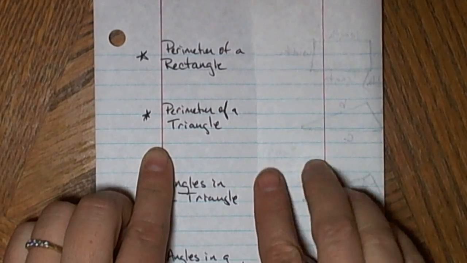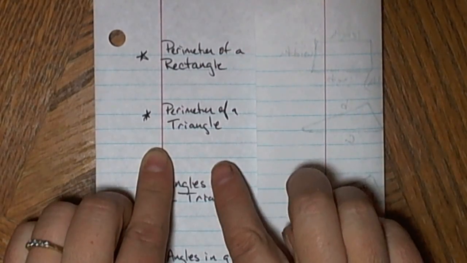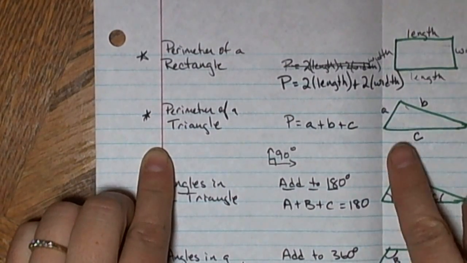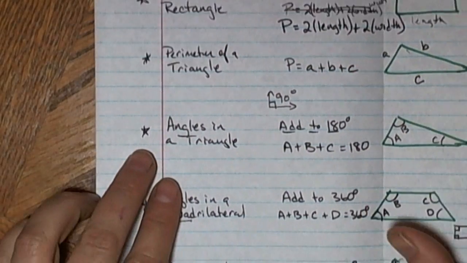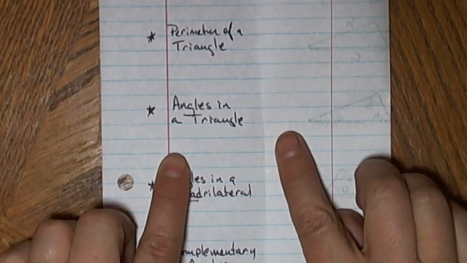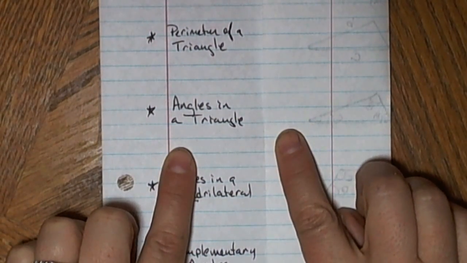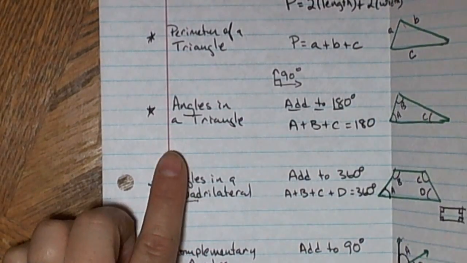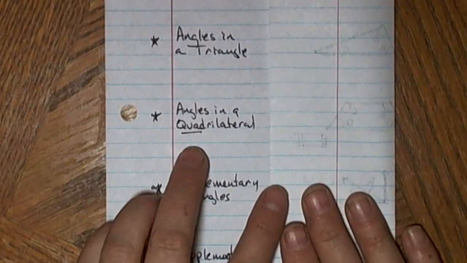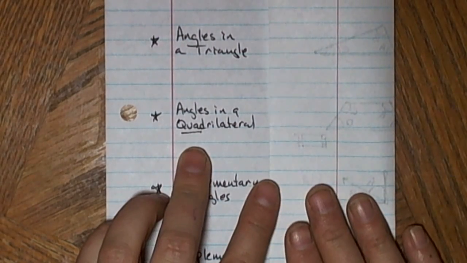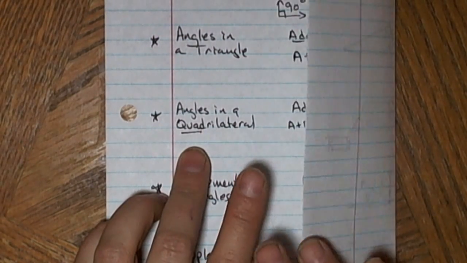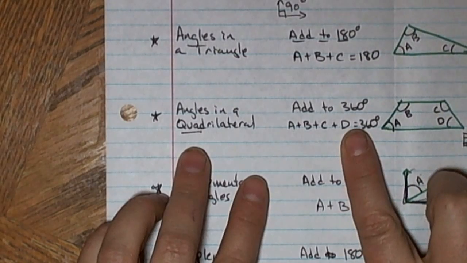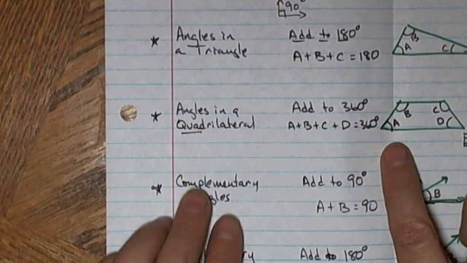Perimeter of a triangle: distance around the outside, just add all the sides. Angles in a triangle add to 180 degrees. Angles in a quadrilateral add to 360 degrees. Add them all up.